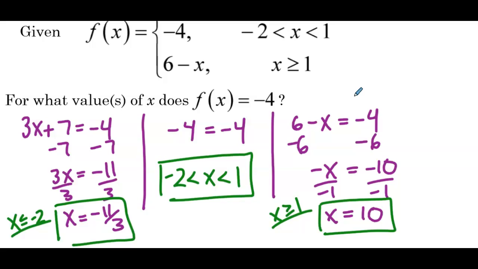First, determine what domain the input is a part of, and use that to figure out what piece we're going to plug into. As a reminder, these are functions, so every input should only have one output. So you should never try to evaluate f of 1 and get 2 answers, because that doesn't fit the definition of a function.